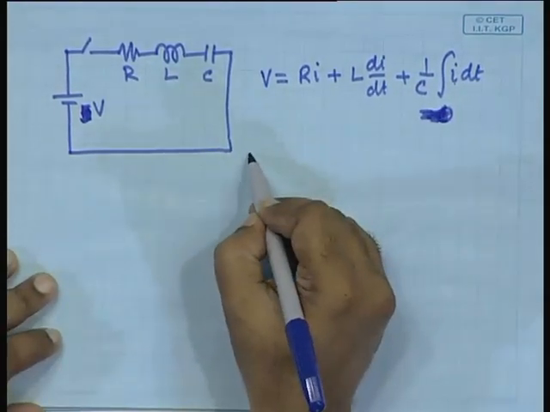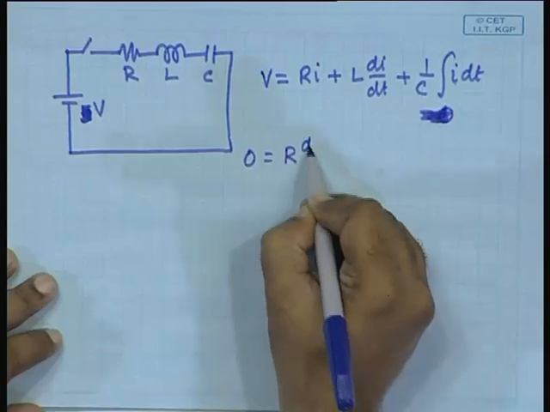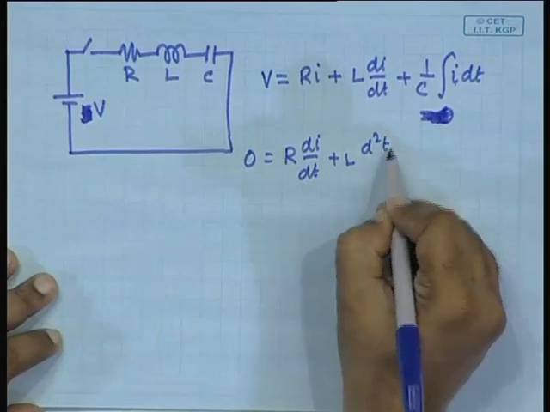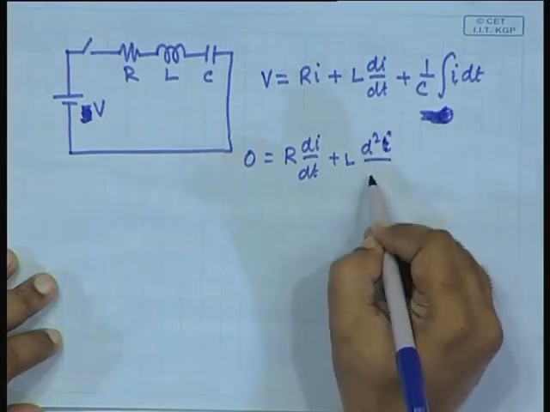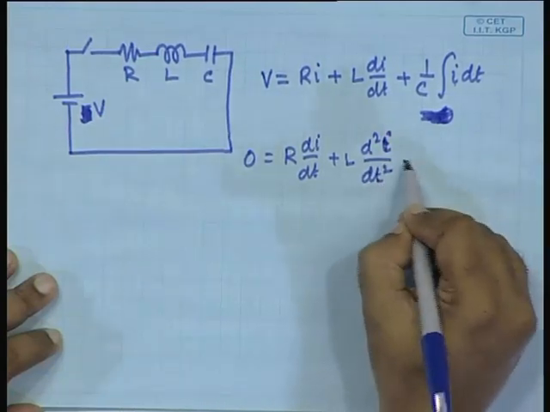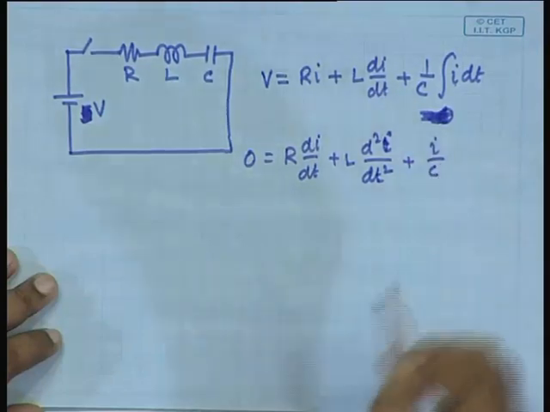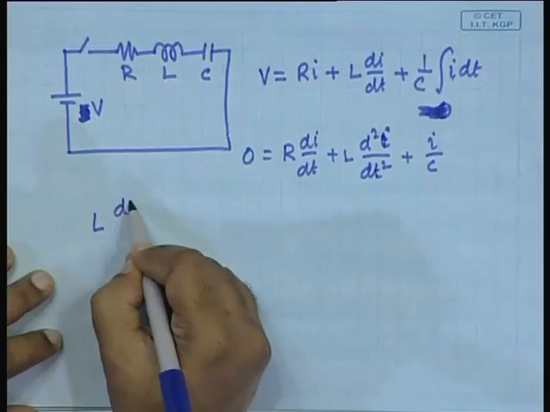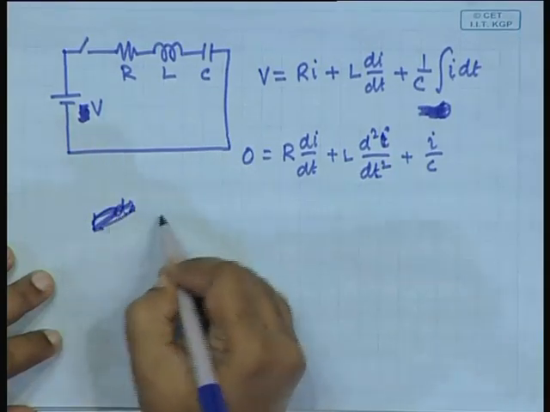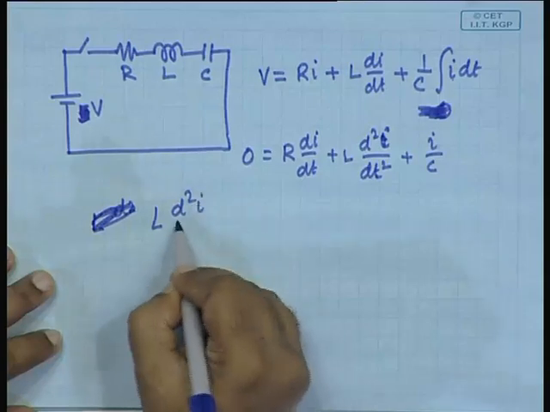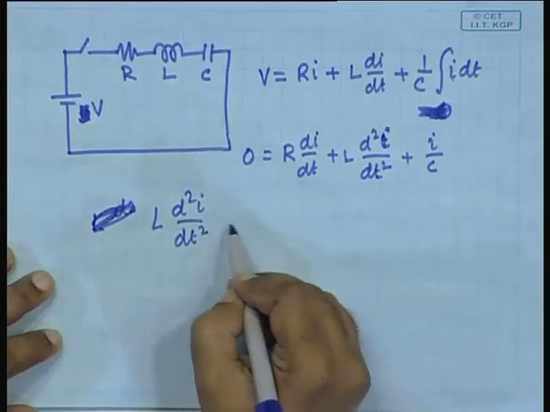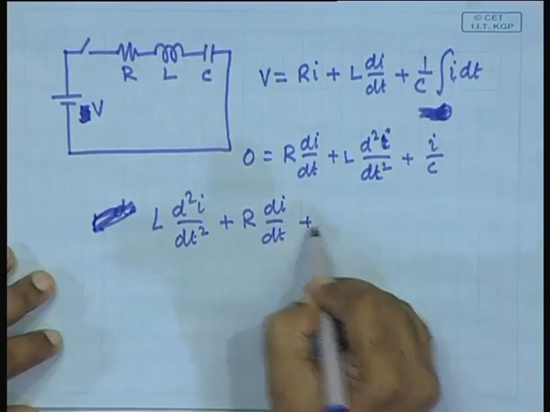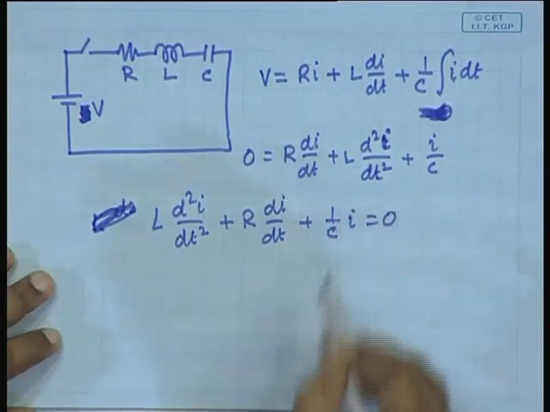You have 0 is equal to R d I dt plus L d2 I dt2 plus I by C. So, you have L d2I dt2 plus R dI dt plus 1 by C I is equal to 0.